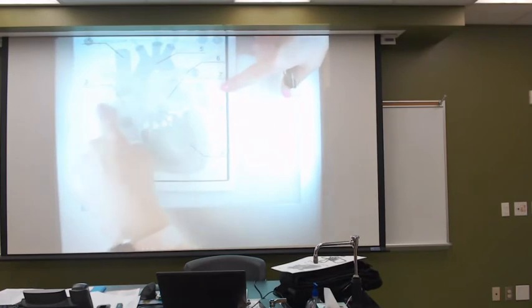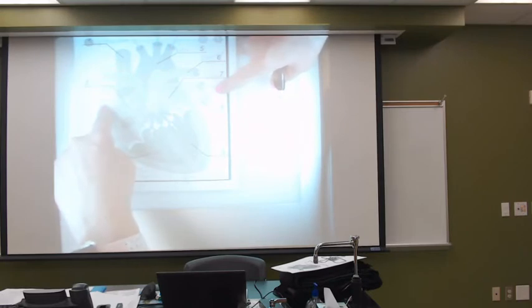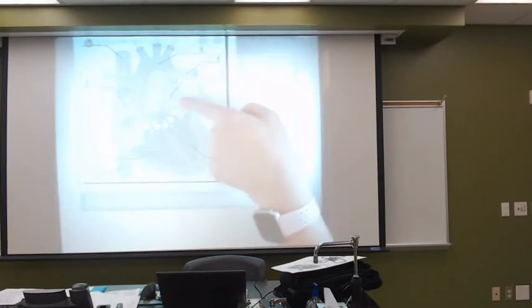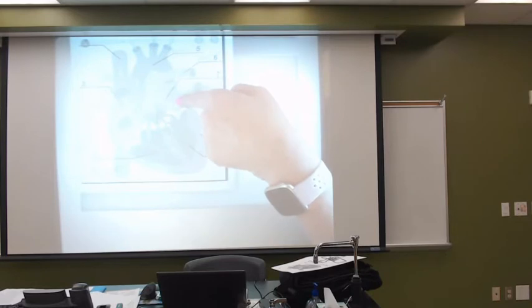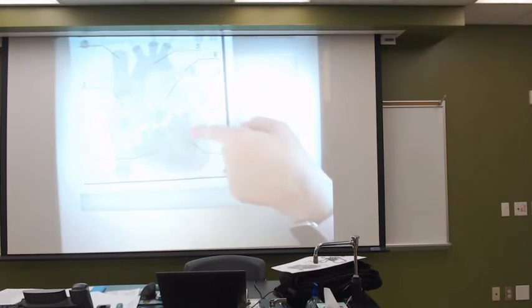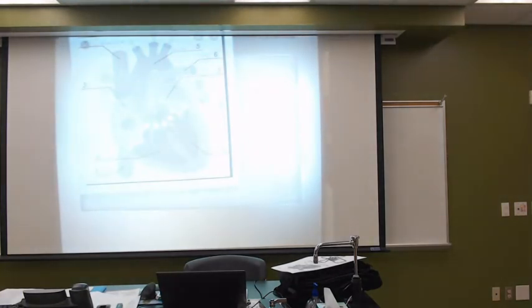But now note, because I have a right side and a left side, each of these pulmonary veins empty into the left atria. Okay? So the blood empties into the left atria, to the left ventricle, goes into my aorta, and then begins systemic circulation.